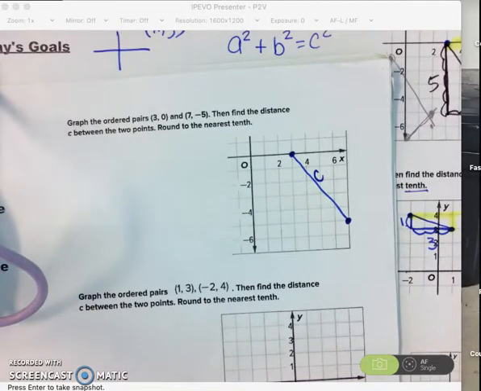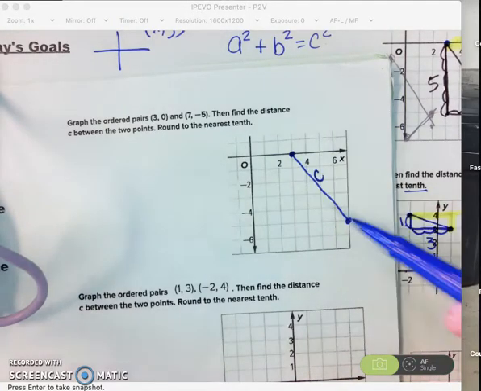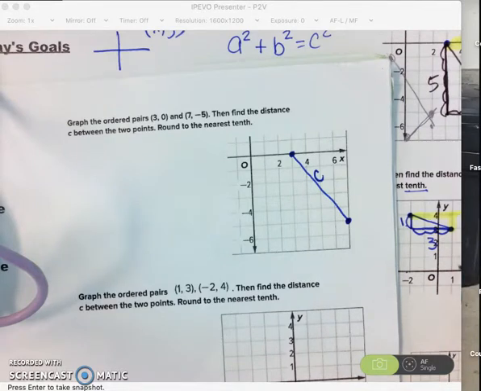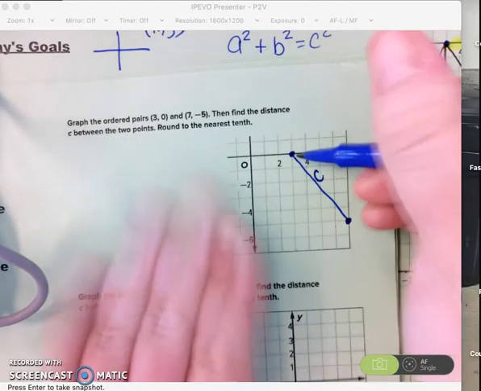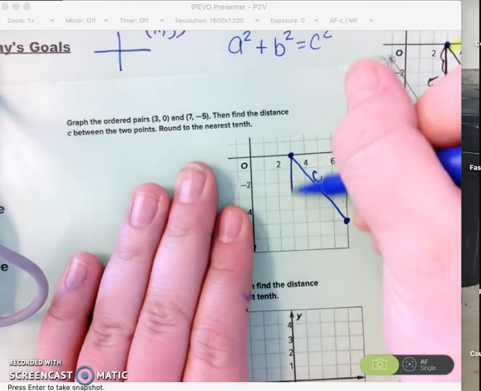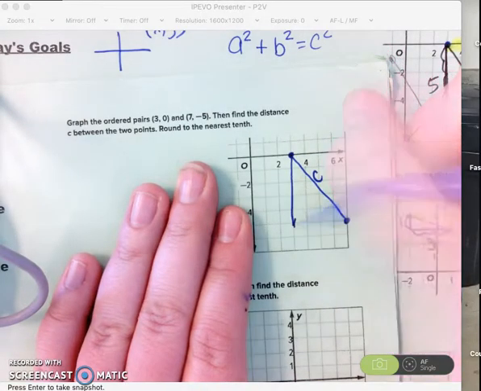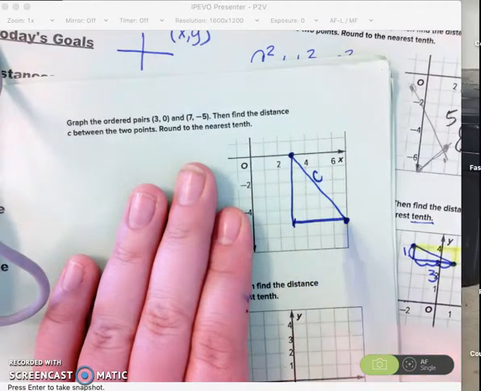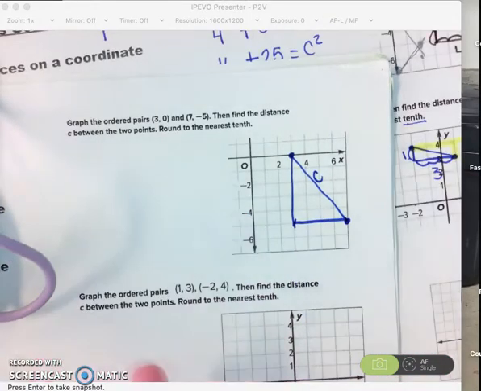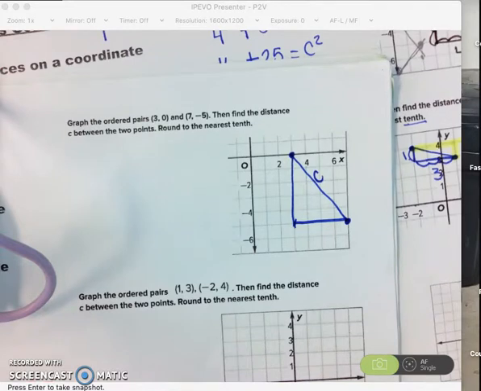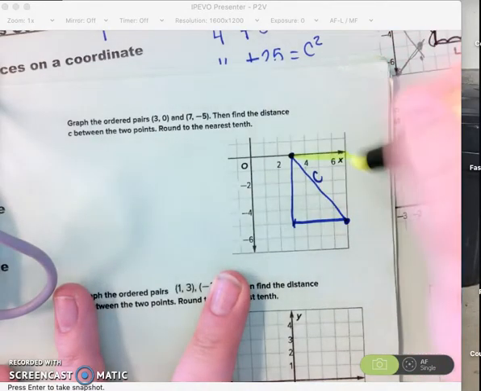Now, I want to go from this point to this point only using horizontal and vertical lines. So I'm going to go straight down and then straight to the right. Do you see how I only used horizontal and vertical lines? If I really wanted to, I could have gone this way. I could have gone to the right first and then down.